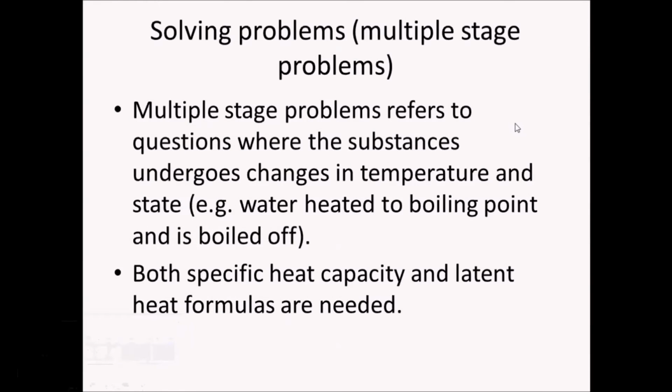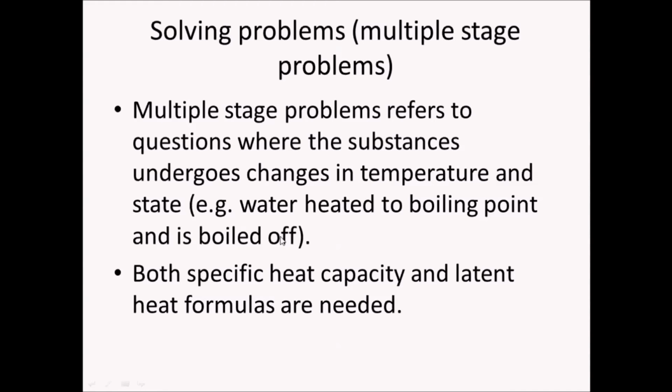Okay, now for solving of multiple stage problems. If you talk about multiple stage problems, it refers to problems where there is a two-stage process that has happened. For example, water that is heated to boiling point and the water is completely boiled off.